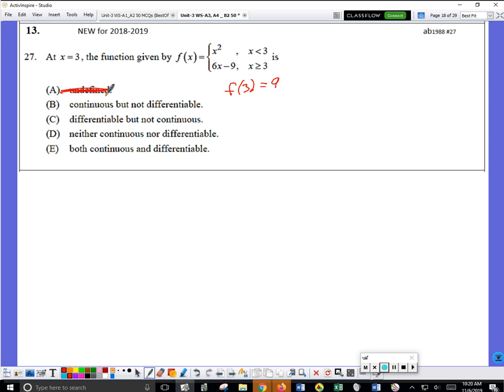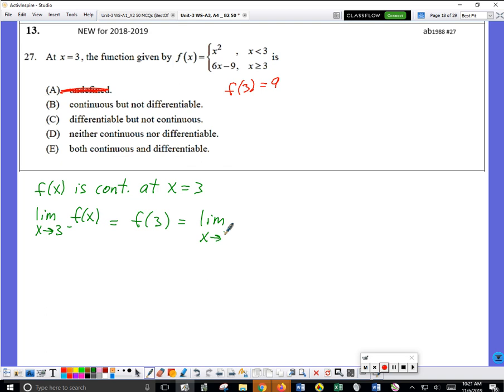Okay, everything else is talking about being continuous versus differentiable at x equal 3. So your flashcard memory should be telling you that f is continuous at x equal 3 as long as the limit as x approaches 3 from the left is the same as the value of f at 3 is the same as the limit as x approaches 3 from the right.